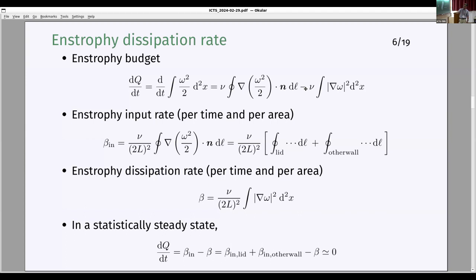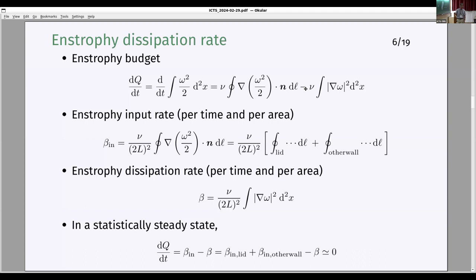This is the entropy input per area, so I divide by the area of the square. This entropy input is coming from the lid and also the other walls, the side wall and bottom wall. The last term is the energy dissipation rate, because this is positive definite, so this is always negative. As I show you in the next slide, this is the entropy dissipation rate.